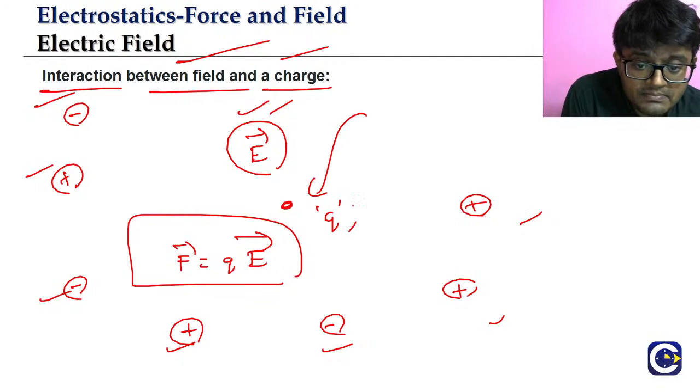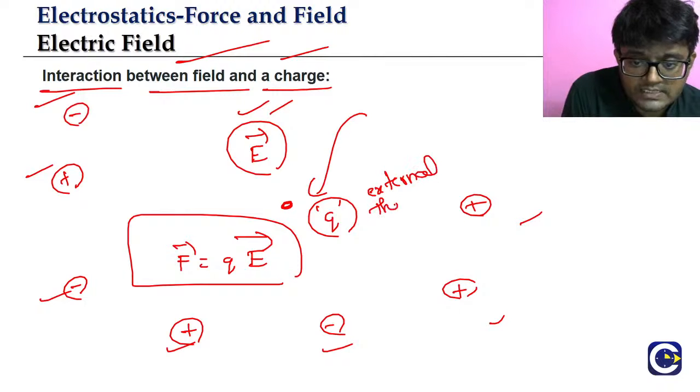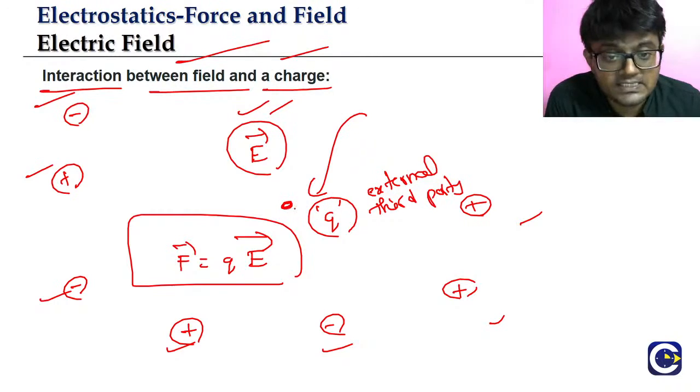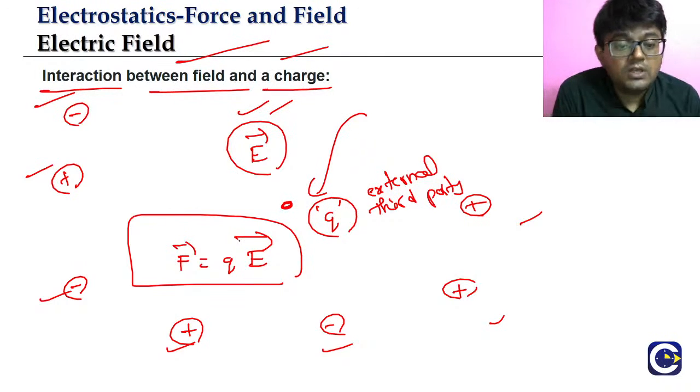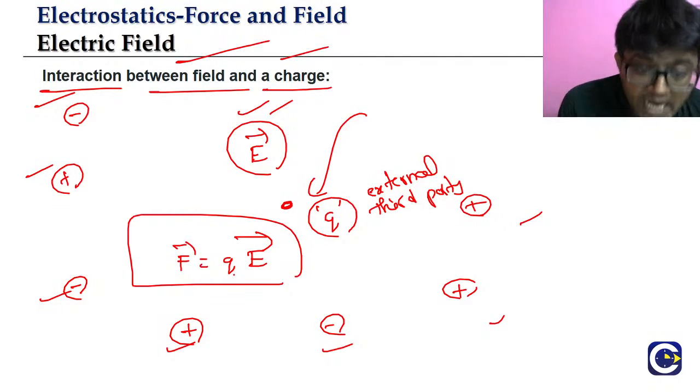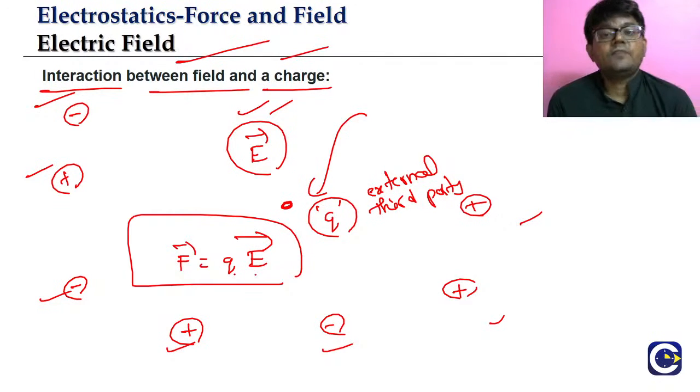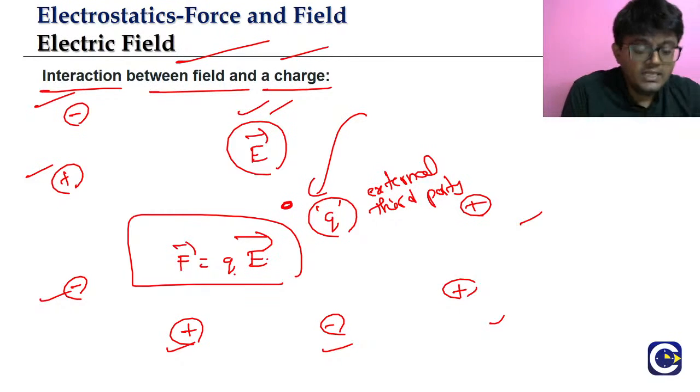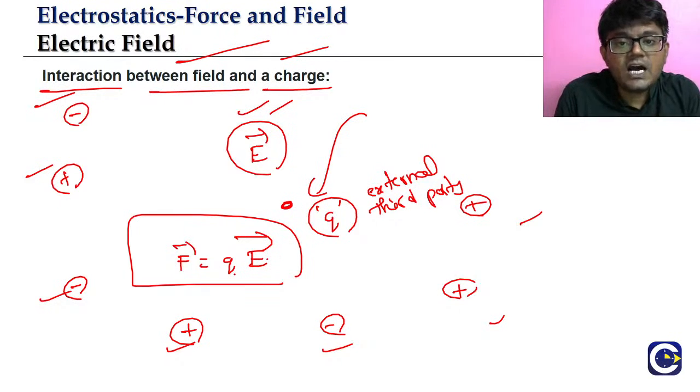You are bringing some external or third party charge q into that place. Okay, அப்போ the force experienced by the charge q will be equal to what? The charge q times electric field at the location. Okay வா? இதுதான் interaction between the charge and field.